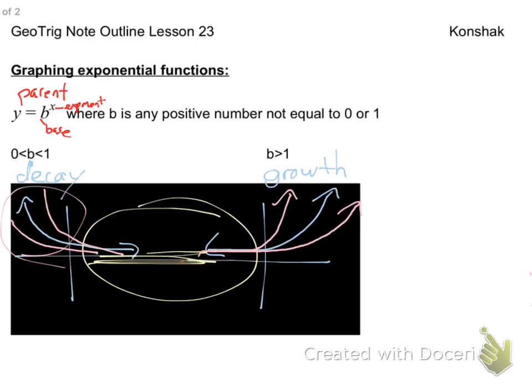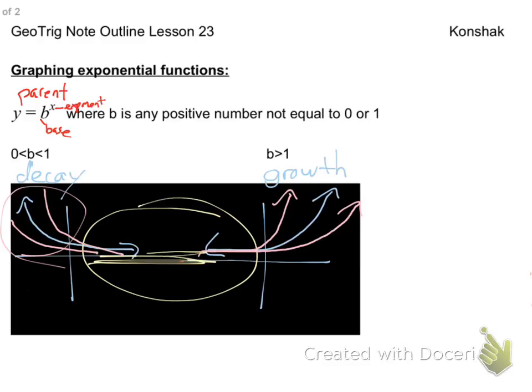I'm going to call these parents. Okay? And so these are all parent graphs. All other exponential growth or decay graphs have this quality. They start off the same exact way, following the same thing of y equals b to the x.